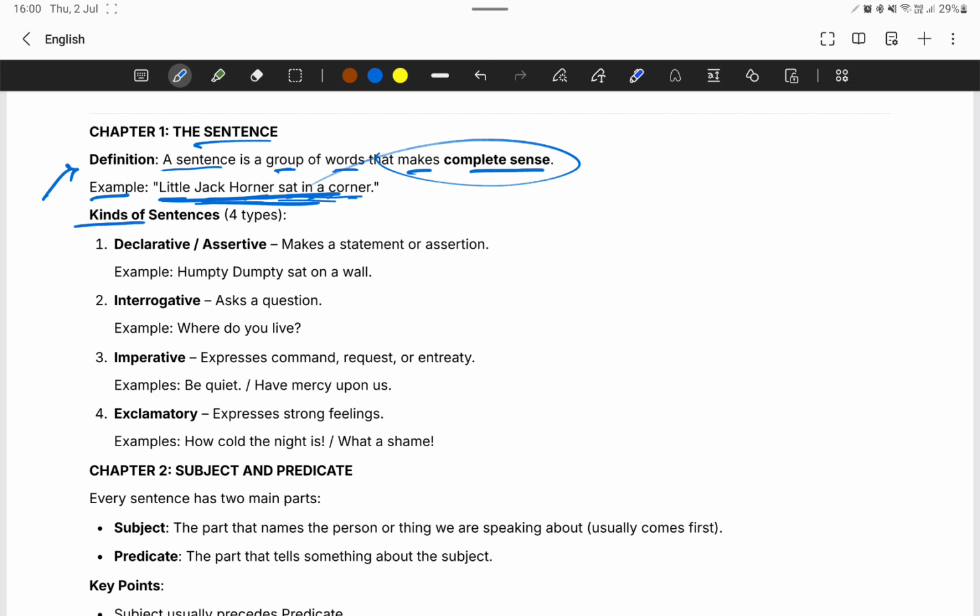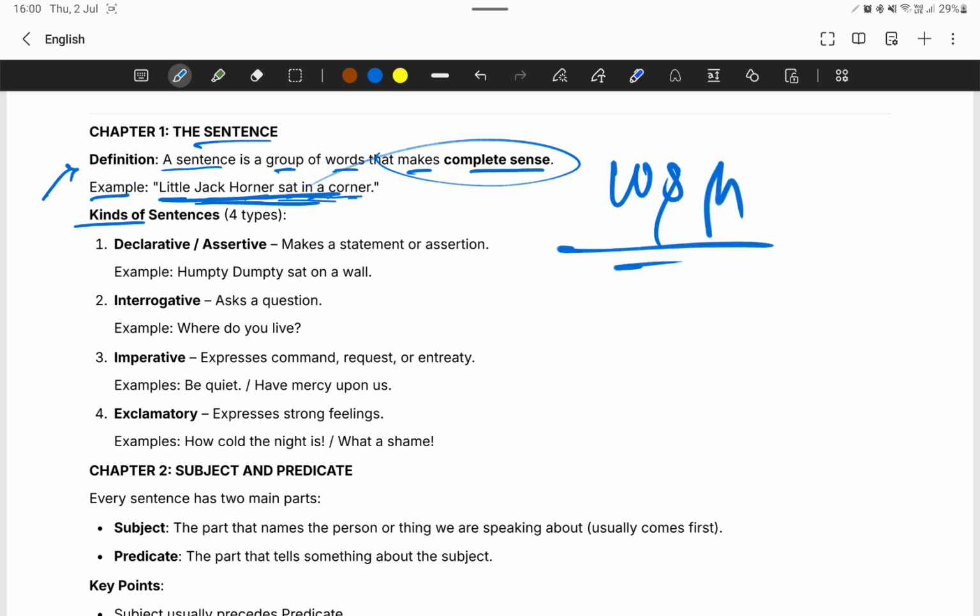Apart from that, we have some kinds of sentences or types of sentences. Somewhere you'll find 5 types of sentences. There's one also called optative. Optative sentence, you'll find it somewhere, sometimes it's included in imperative. So now we have to study only 4 types of sentences because we are reading from the book of Wren and Martin.